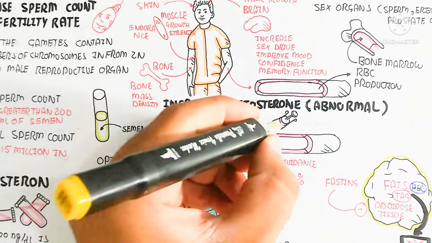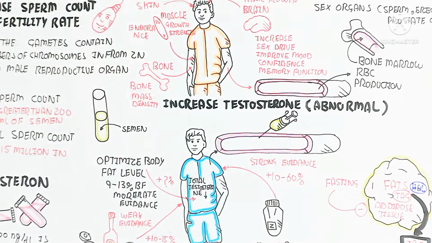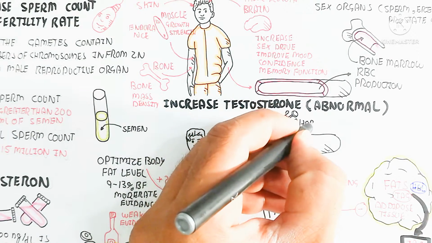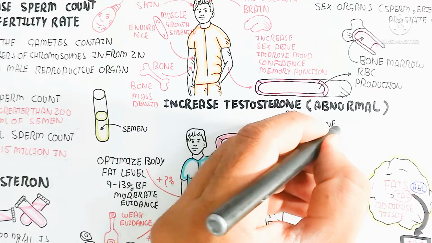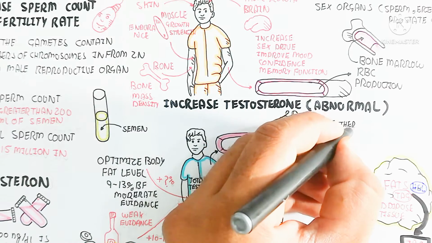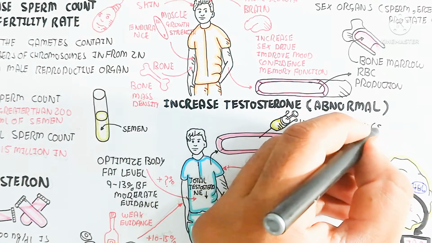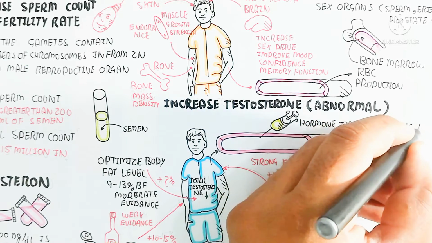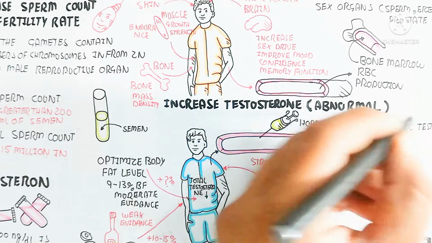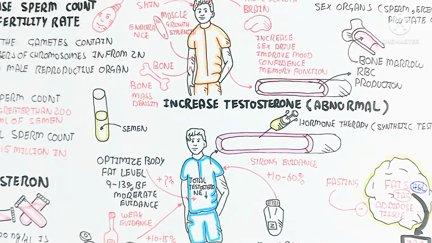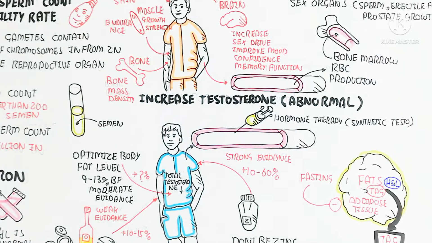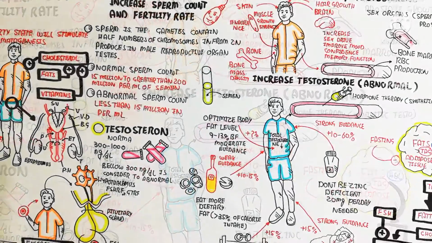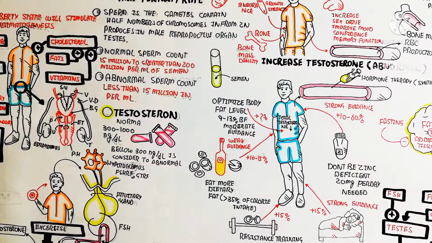This is basically related to increased sperm count due to increased testosterone. When testosterone increases, the fertility rate increases. When the fertility rate increases, the sperm count increases to normal. That is why this video was about increasing sperm count and fertility rate, as well as how testosterone works and testosterone production.